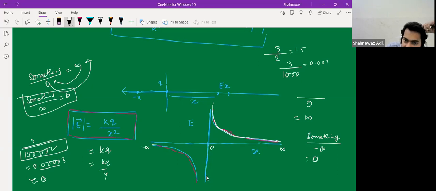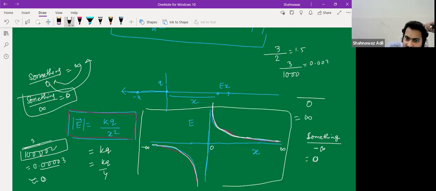At 0, it is becoming minimum from the left hand side. Clear, any doubt? So this would be the graph, right?